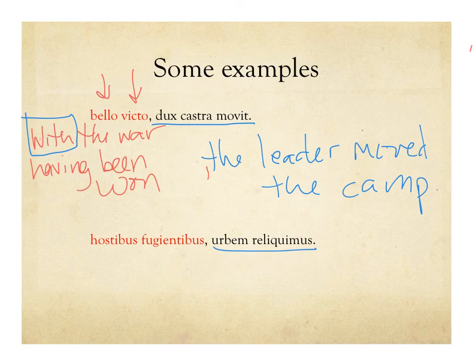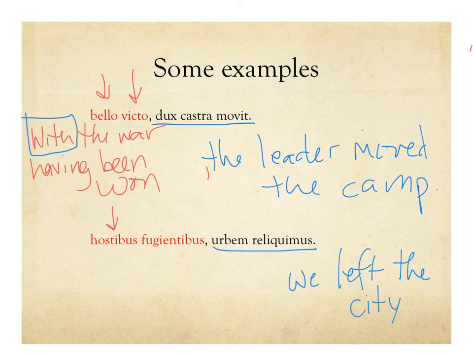You can see the same thing happening in the second sentence. Here's our main sentence, urbem reliquimus. We left the city. And you can see that again, at the beginning, we have a noun in the ablative, here in the ablative plural. We have a present active participle this time. You can see also set off by a comma at the beginning of the sentence.